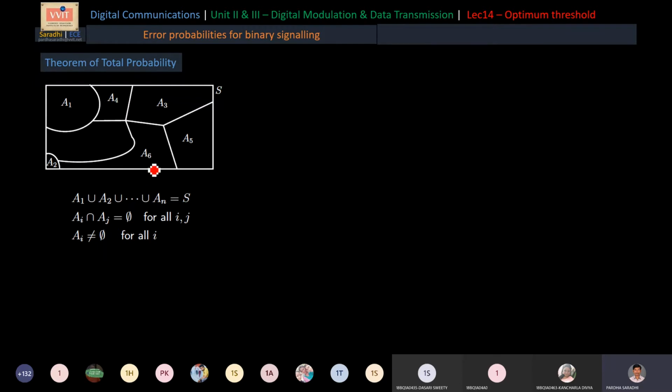So I cannot include here A7, which is not existing, which is not part of S. So we have here 6 sub-regions which are completely enclosed by this S. They are mutually exclusive, because the intersection area is a null set, right?